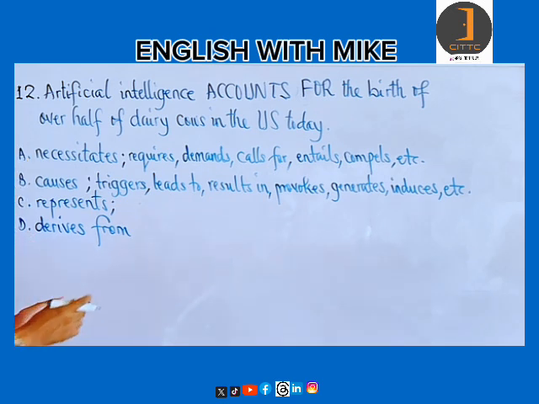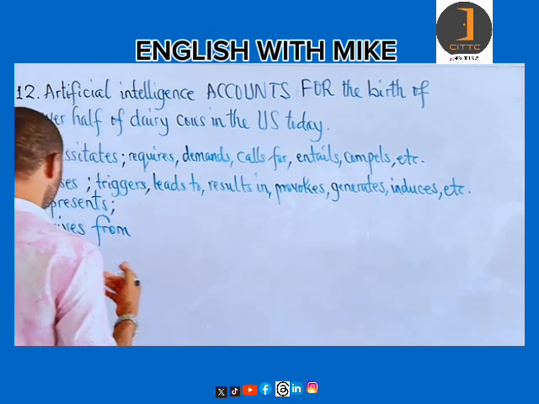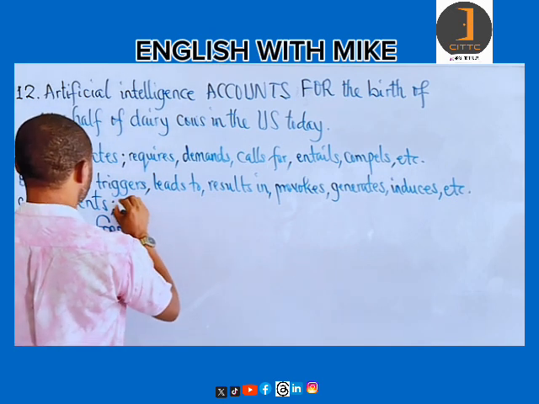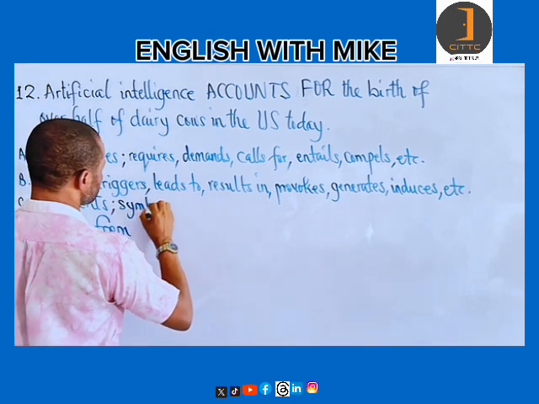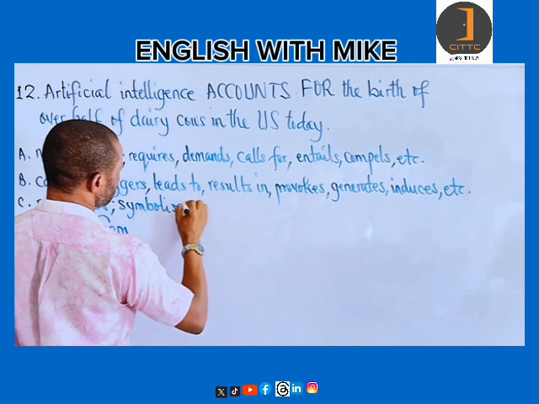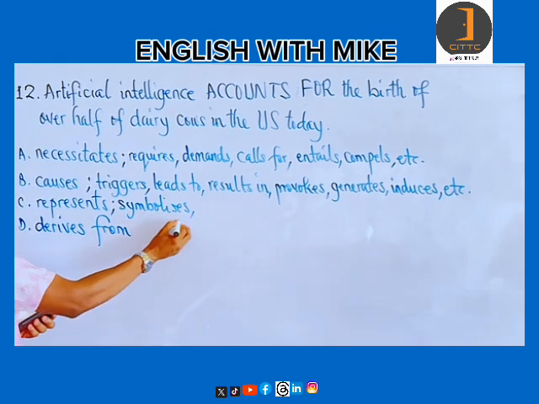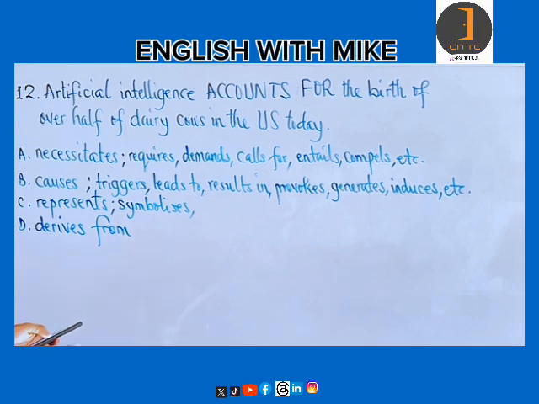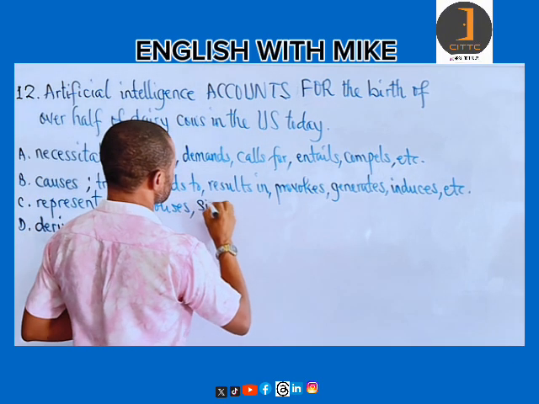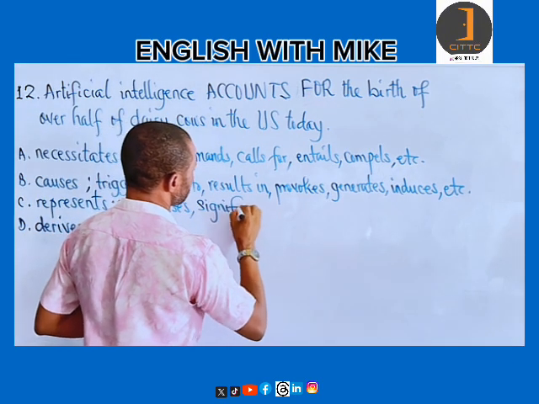What about represents? What does represent mean? It means to stand for or to symbolize. So here we have symbolizes. Remember that this spelling is British. Americans use Z, so Z-E-S. Both are accepted. To symbolize is to signify.